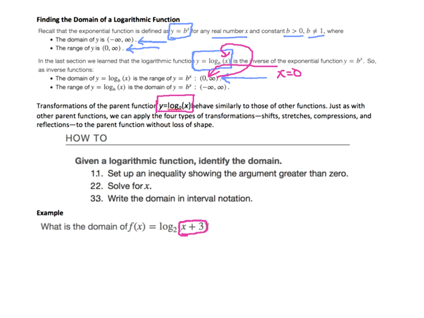So we need to figure out, well, when will x plus 3 be greater than 0? So this is a simple linear inequality to solve. We subtract 3 from both sides and get x is greater than negative 3. So the domain for this function is anything strictly greater than negative 3.